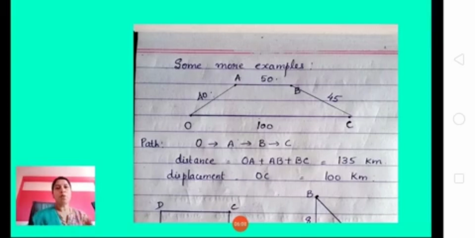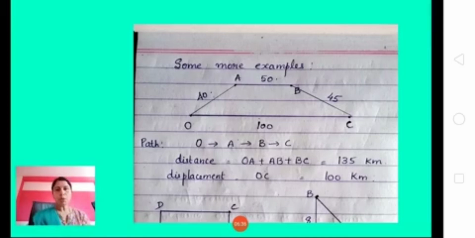Now it moves from O to A and the length between O and A is 40 km. Then again from A it moves to B. So the length between A and B is 50 km. And from B it again moves to the next point C. So the length of BC is 45 km.